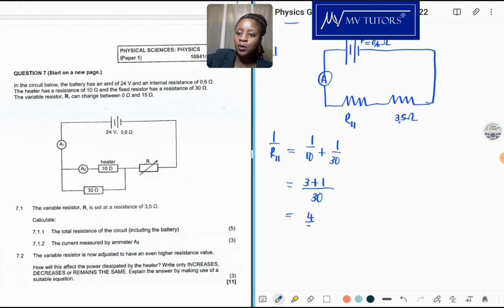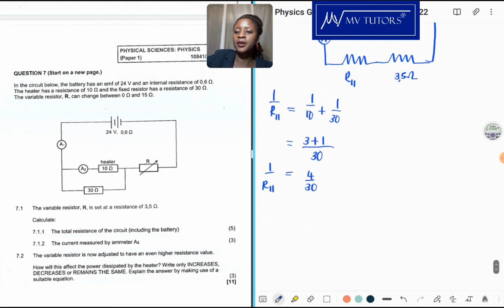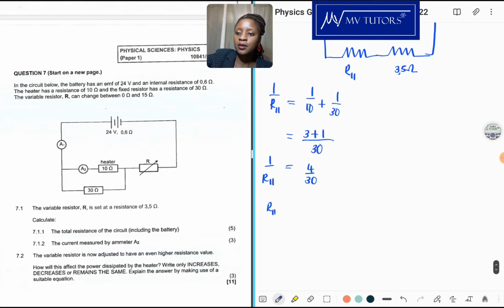So I have 4 over 30, and then here 1 over parallel resistance would be equal to 30 over 4. So 30 divided by 2 is 15, 15 divided by 2 is 7.5. But please always use the calculator. We just got the parallel resistance, which is 7.5.